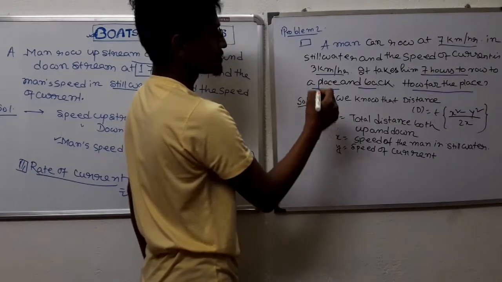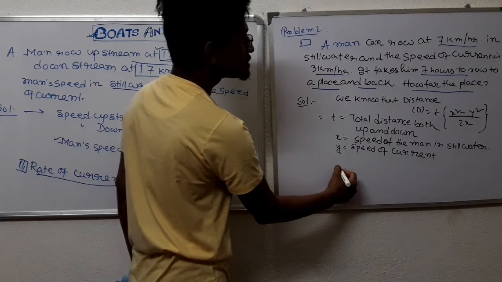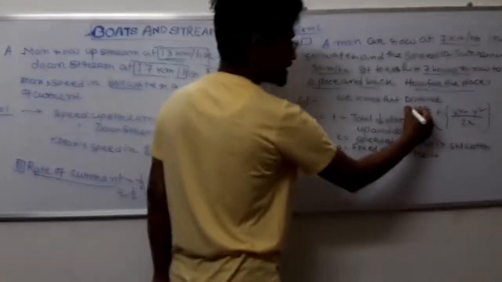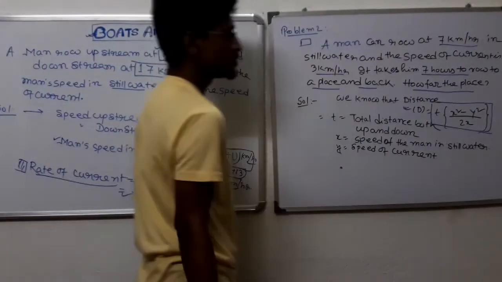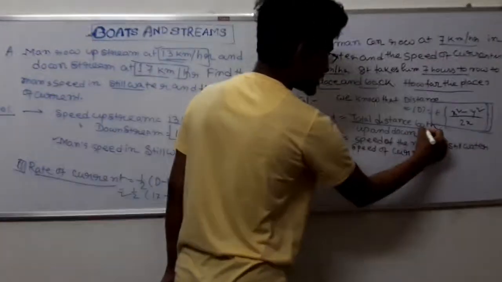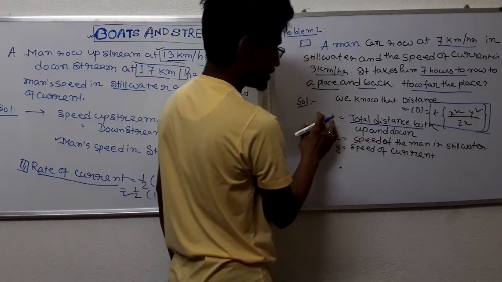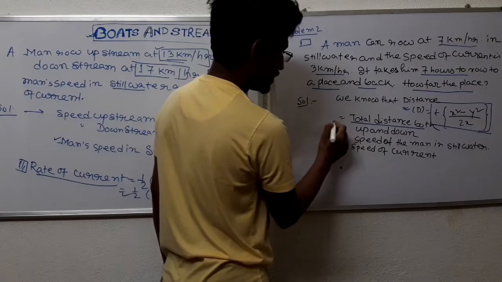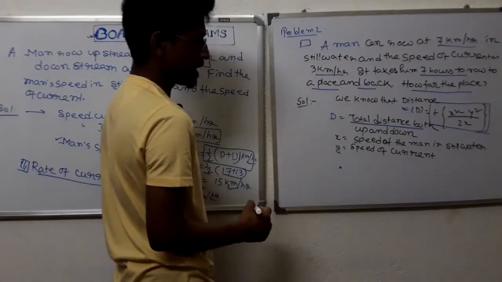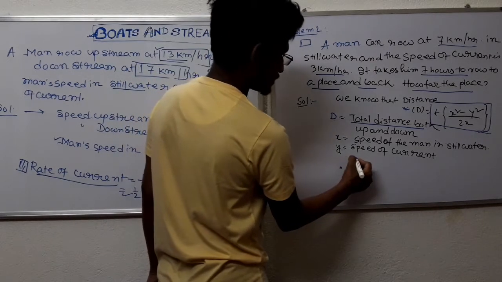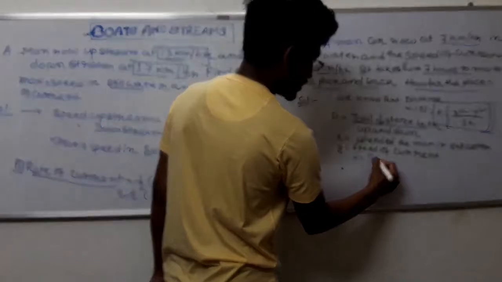So we know the formula: distance d equals t into (x square minus y square) by 2x, where d is the total distance and t is the total time.